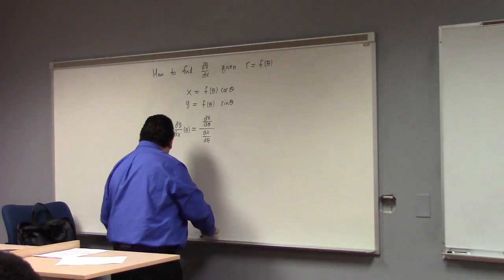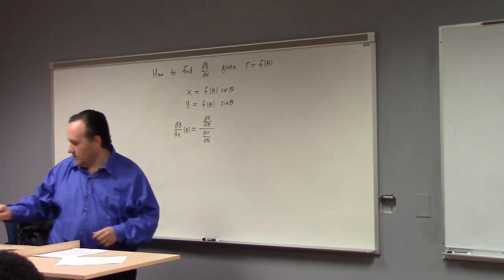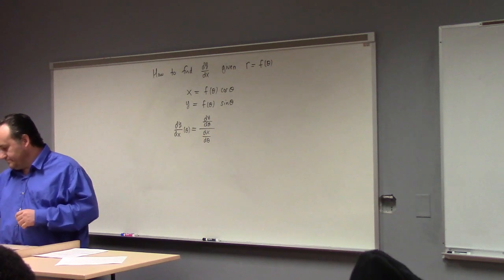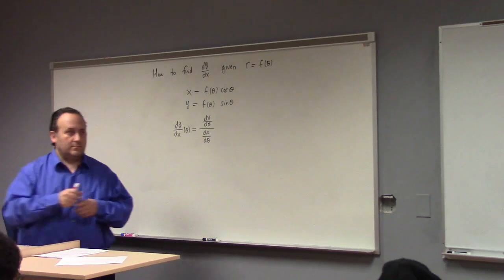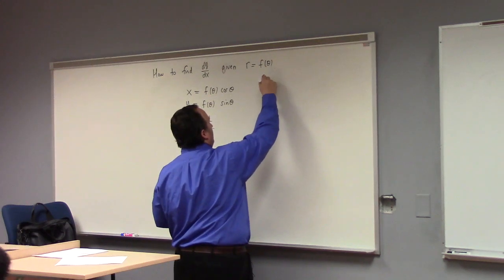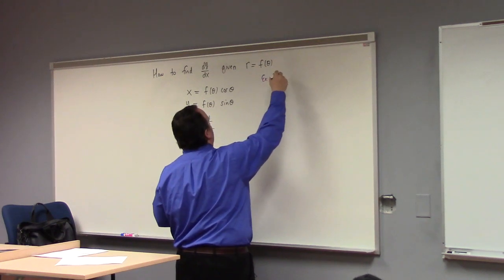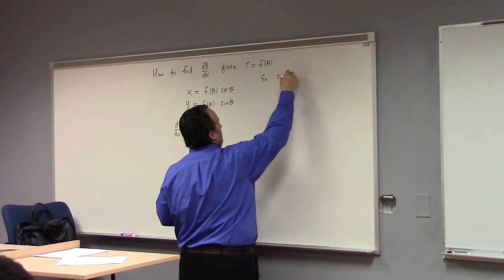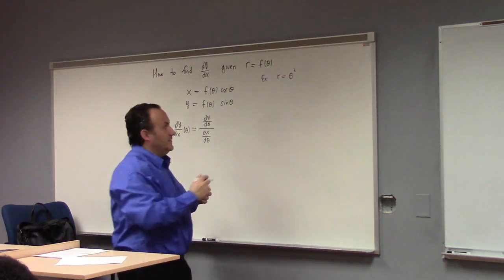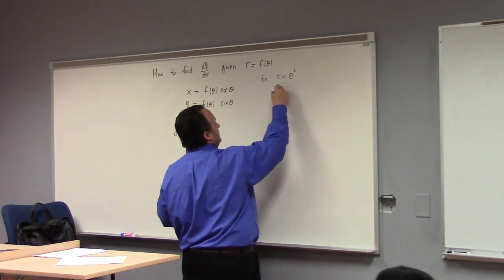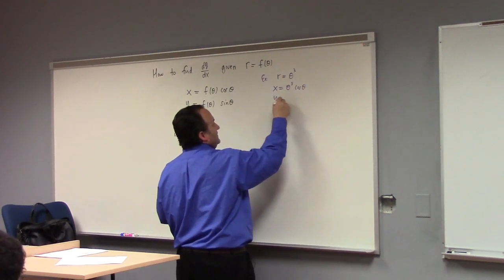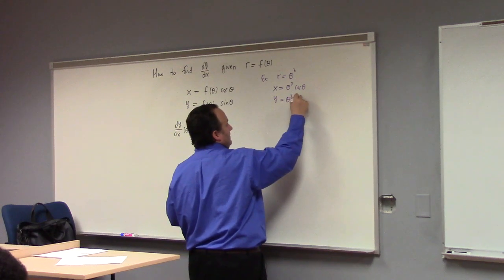So, for example, if I was looking at, I don't know, r equals, say, theta cubed, then I would have x equals theta cubed cosine theta, y equals theta cubed sine theta.